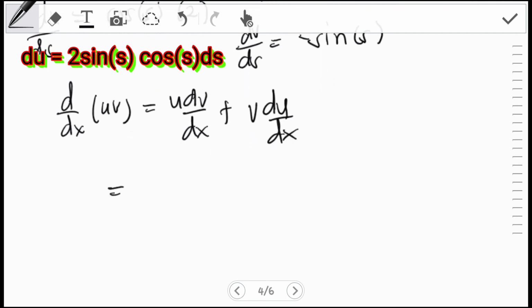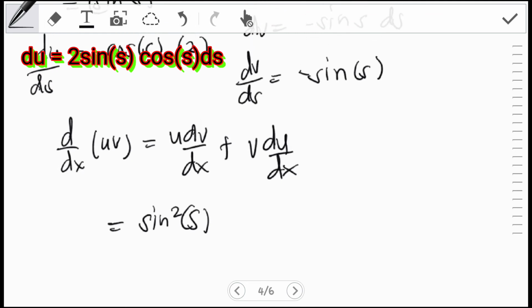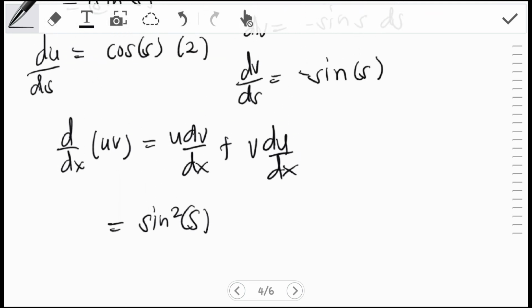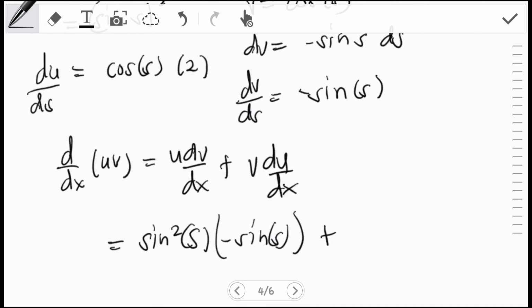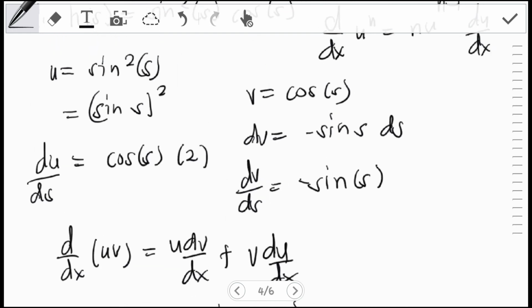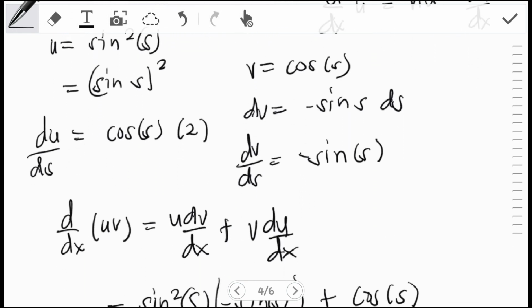So where u here is sine squared s, and then dv over ds is negative sine s, plus v here is cosine s, plus the du over ds.